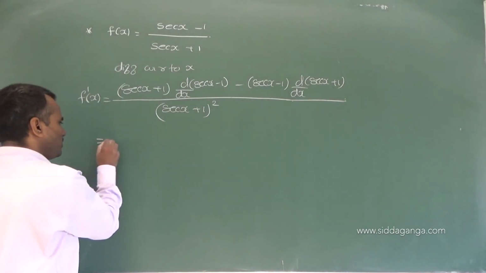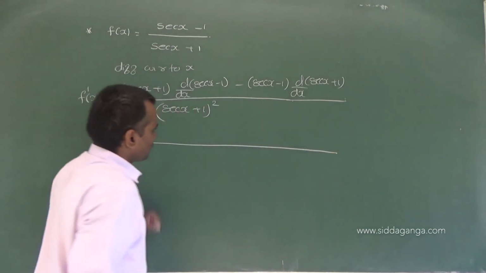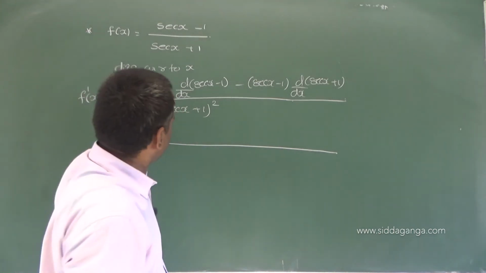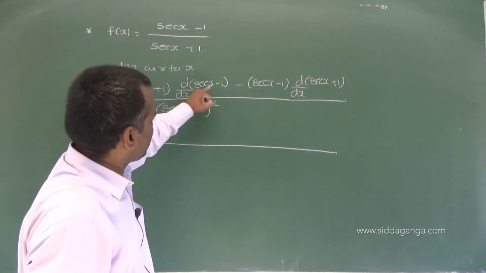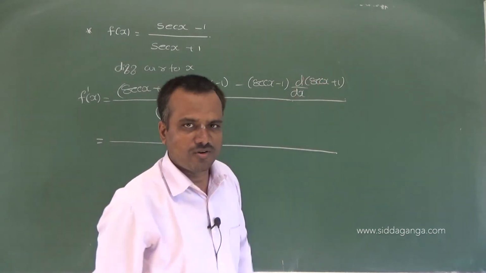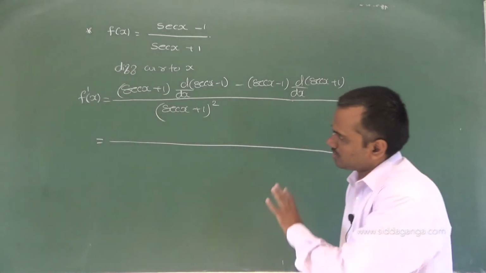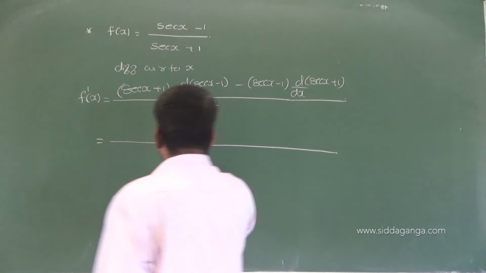This is what? Denominator square, denominator into derivative of numerator minus numerator into derivative of denominator. Observe the steps. So we write as it is.